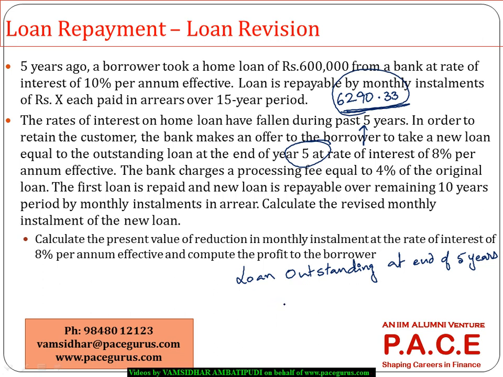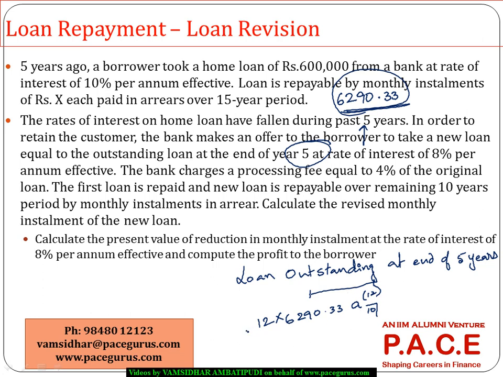I can take it as the present value of the remaining 10 more years of payments. Now that I know that I am paying 6290.33 on a monthly basis, and this I have to pay for 10 more years, I multiply this by 12 and say that this is what I have to pay over 10 more years.